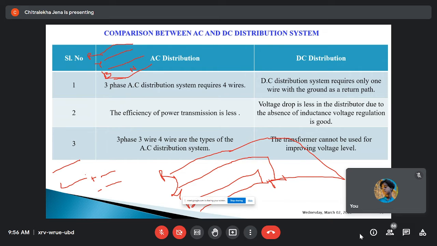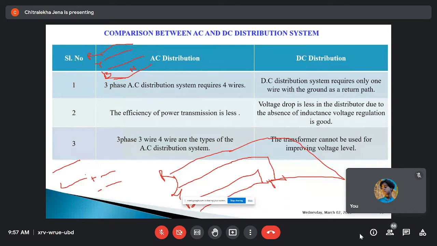In DC distribution, voltage drop is less in the distributor due to the absence of inductors and capacitors. You already know that if an inductor or a capacitor is there and the supply is DC, they will not work at all.